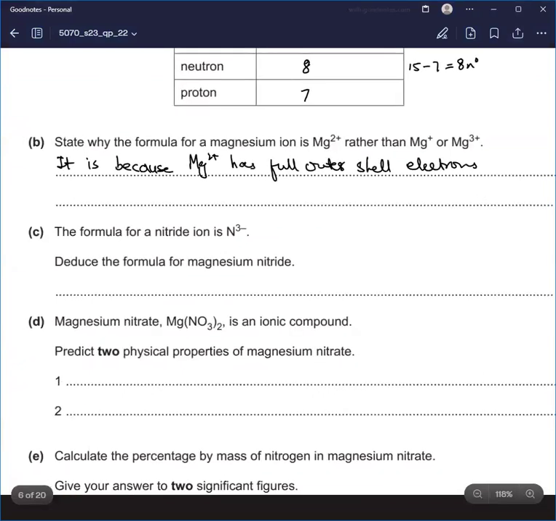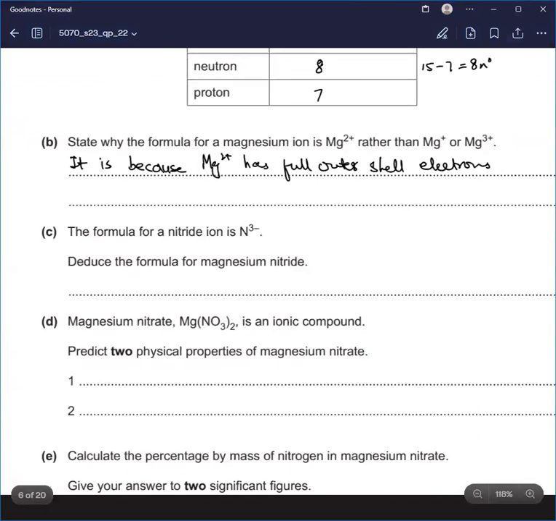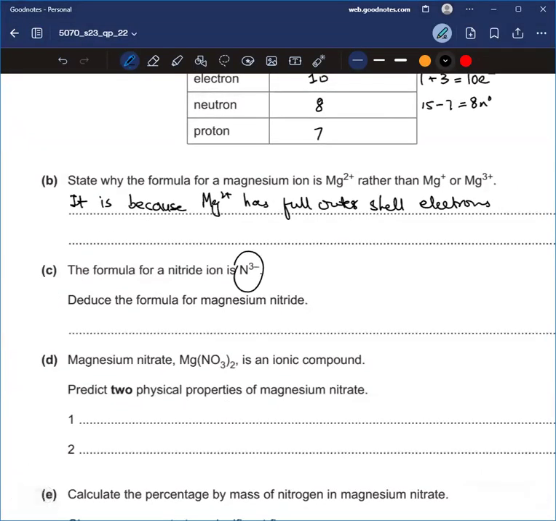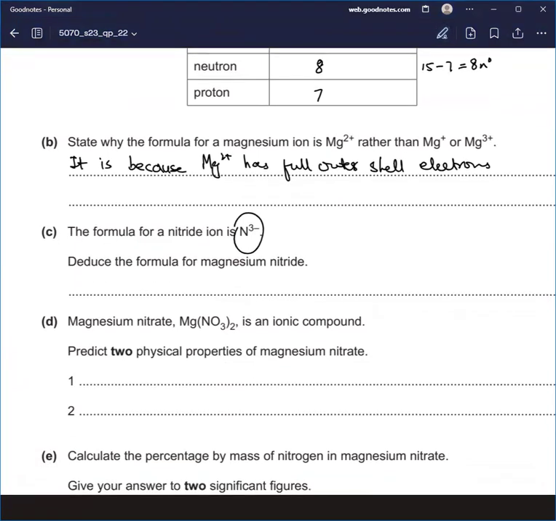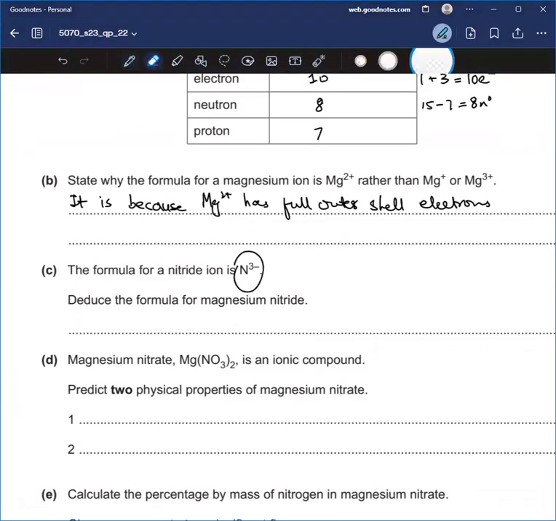The formula for the nitride ion is N3 minus. Alright, this is also quite easy if you grasp the right concept. Here we are given N3 minus and magnesium, and we had been asked about Mg2+ and N3 minus.